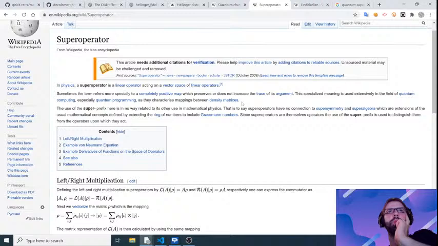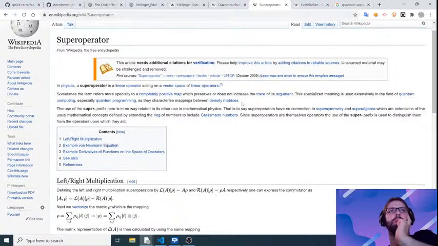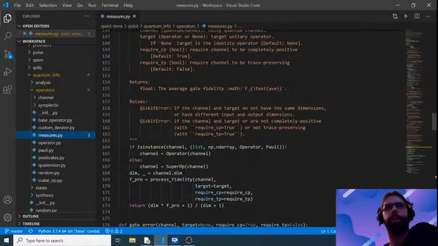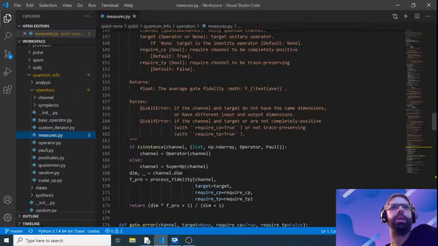Of linear operators. So it's an operator that acts on operators. That is really confusing. If anyone knows what this is about, or has some useful resources to dig into this, then I'll be super happy.